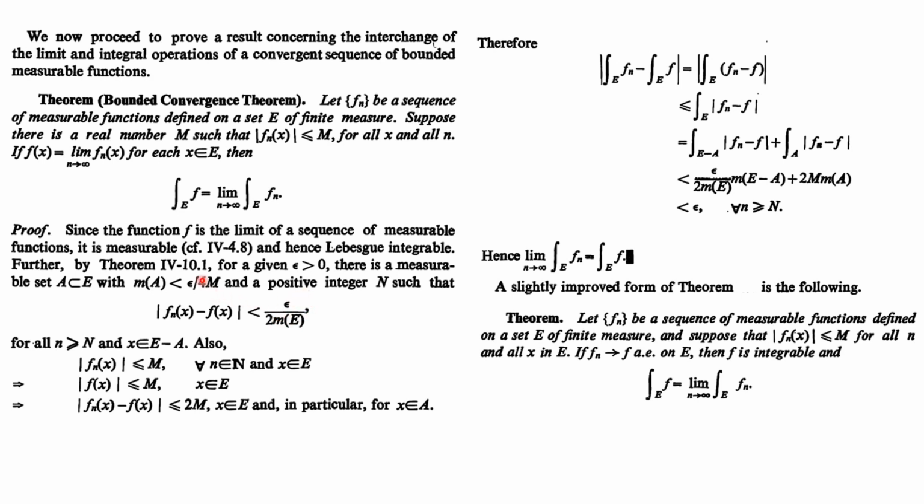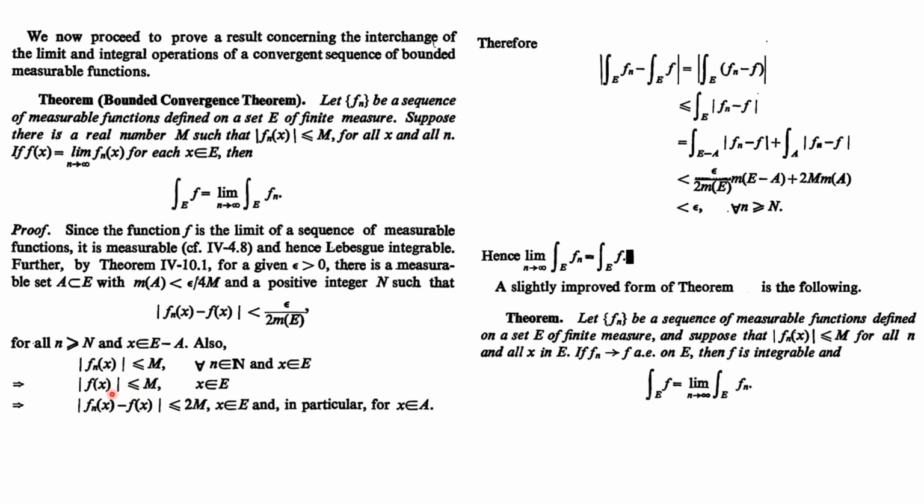Now in this case we choose delta to be this number, epsilon by 4M, and epsilon to be this number, epsilon by 2mb. Now why, we will see further why we take this number. Now what is given to us? Given to us the sequence is bounded for all x and for all n.